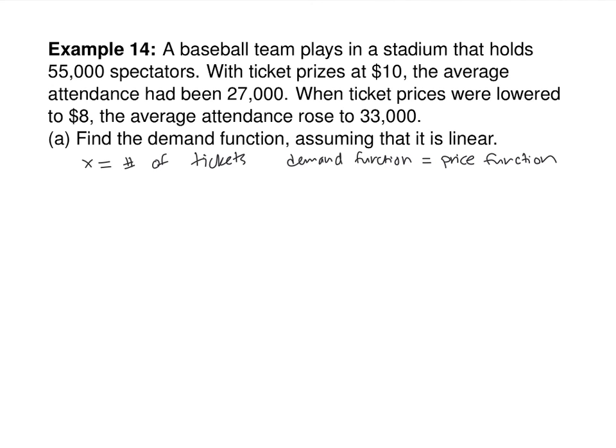It tells you the price given a number of things you're going to sell. So what price will it be if you want to sell this many? And we're assuming that it's linear, which means we've been given two ordered pairs. So the first x is, if I have how many tickets, 27,000, and the price of those tickets was 10, and the other one is 33,000, and the price of that was 8.